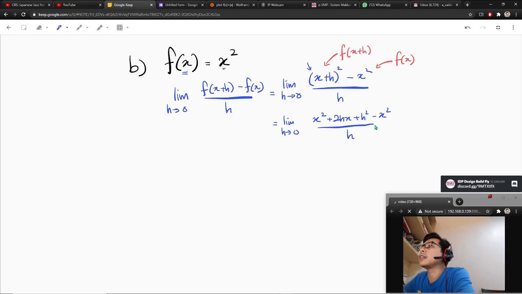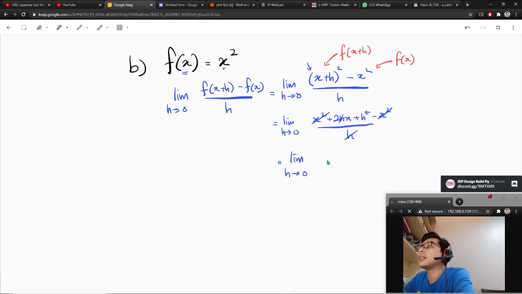Now I can cancel x squared minus x squared. Now I have 2hx plus h squared divided by h, so I can cancel an h.